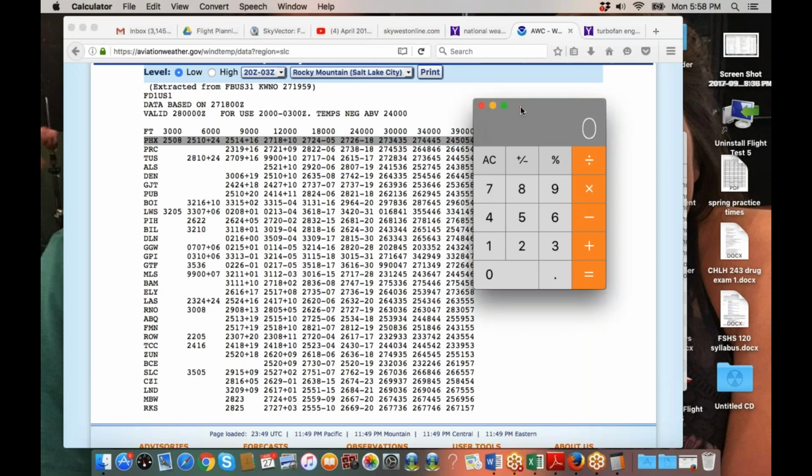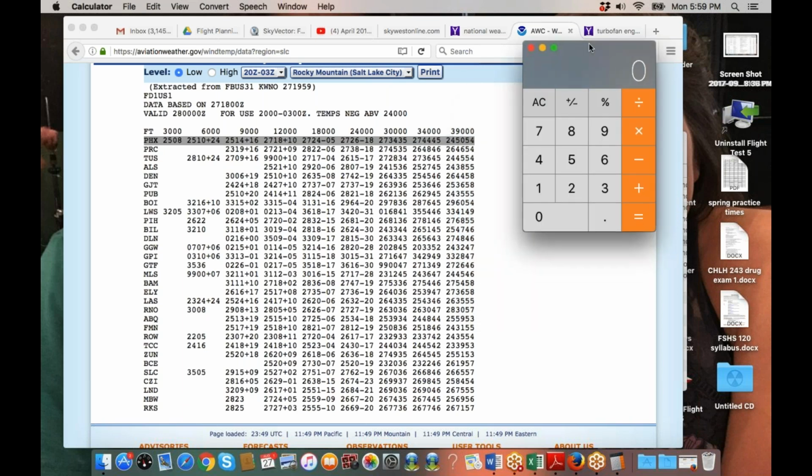ISA is negative 33 degrees. So we'll just do 24 times 2, 48, minus 15. Yeah, so it's going to be negative 33 up there. It's going to be cold.